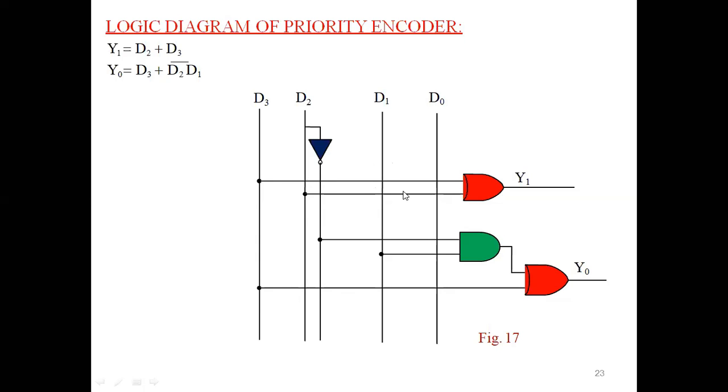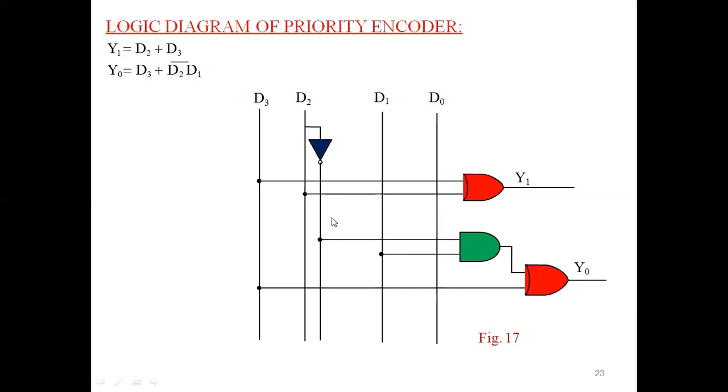D3 is 0 and D2 is also 0, so D3 plus D2, y1 value is 0.